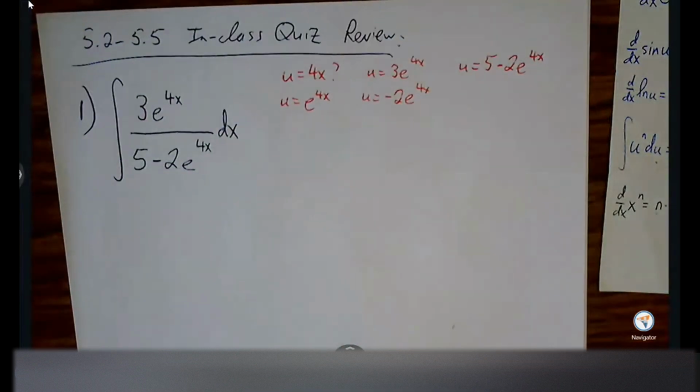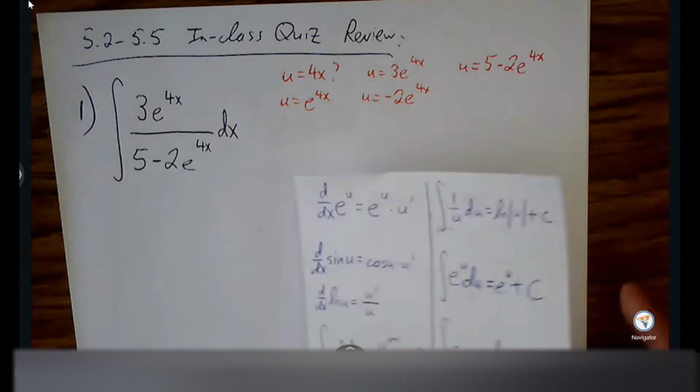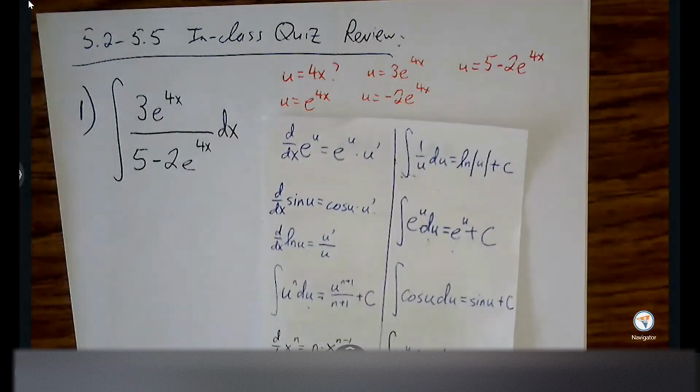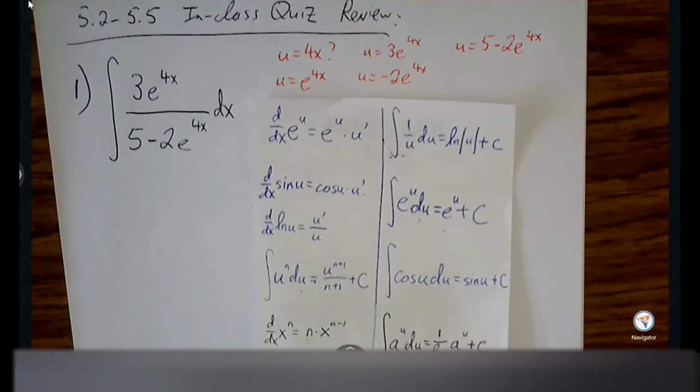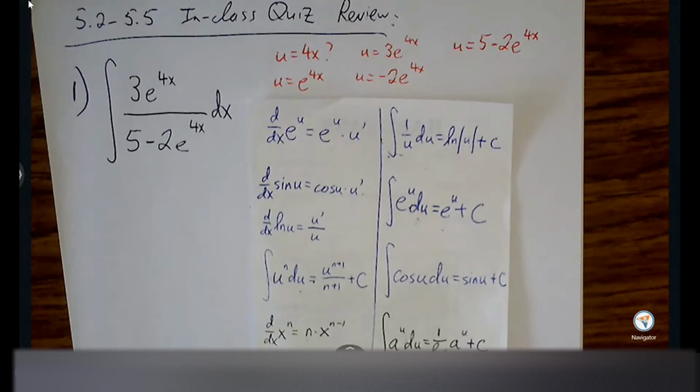Only one of these is going to help us resolve all the x's and bring us to one of these restrictive integral rules. So it would be the whole denominator? Yeah, I think that whole denominator is going to have the best chance of getting all the x to go away and to match one of our rules.